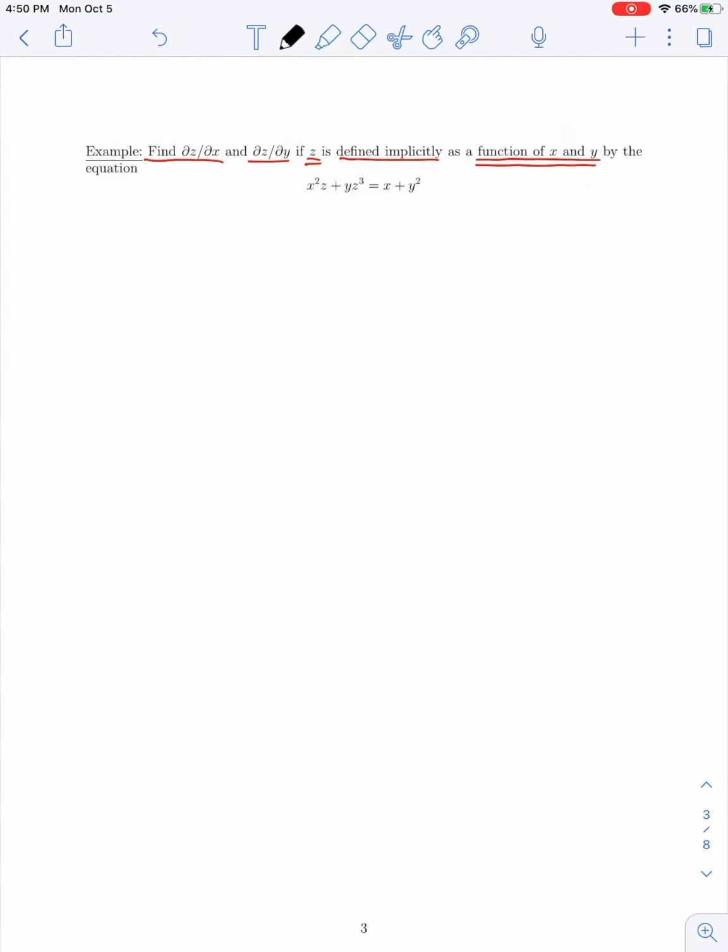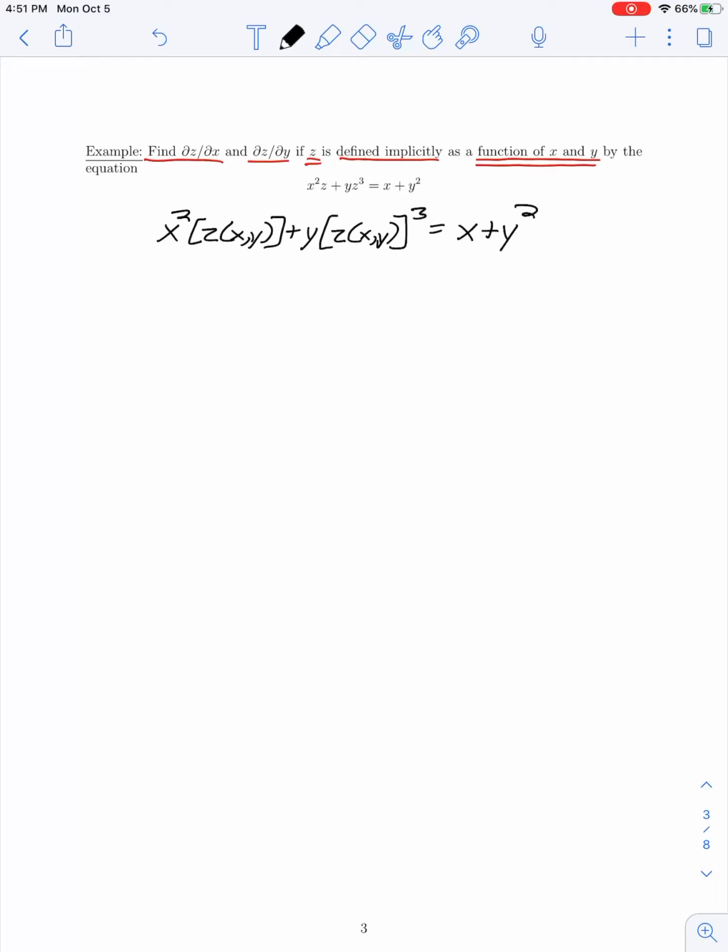So it might be helpful when we first see our equation to rewrite it in the form x squared times z, which is actually a function of x and y, plus y times z, which is a function of x and y, cubed, is equal to x plus y squared.